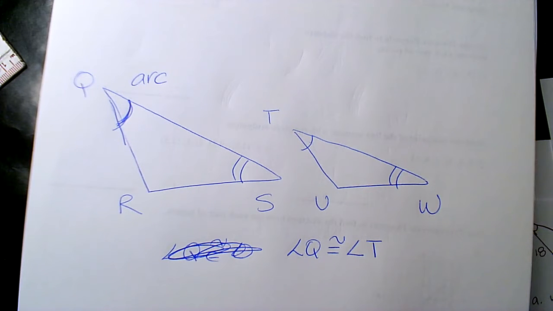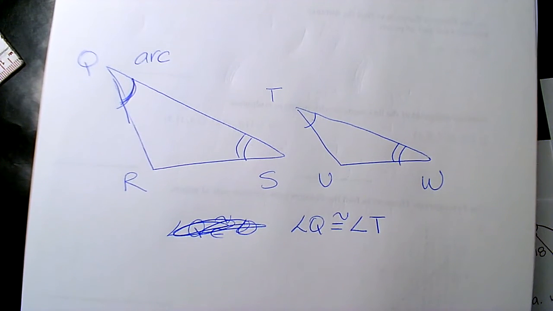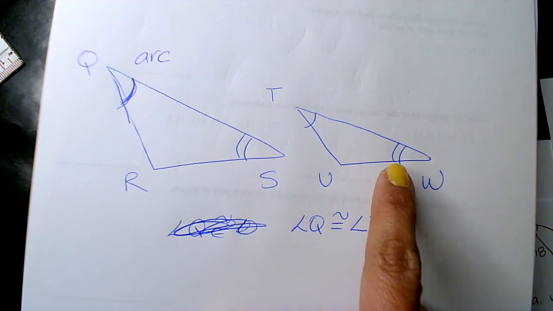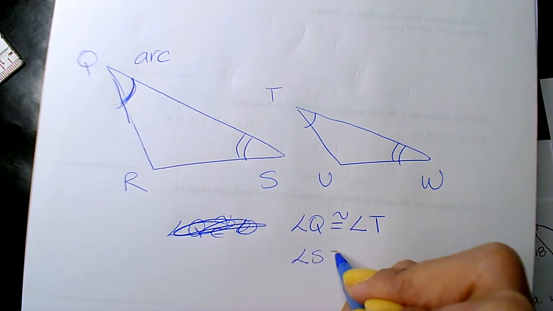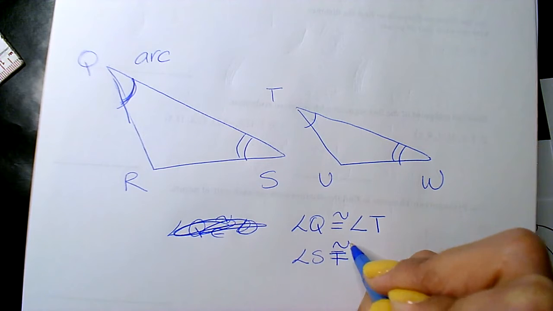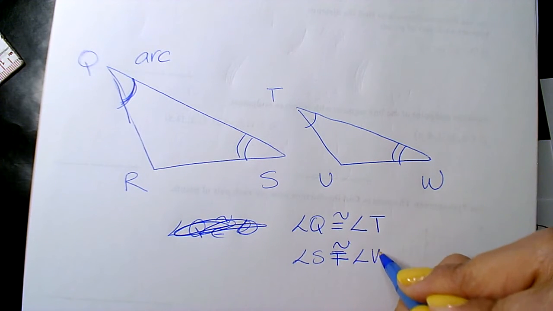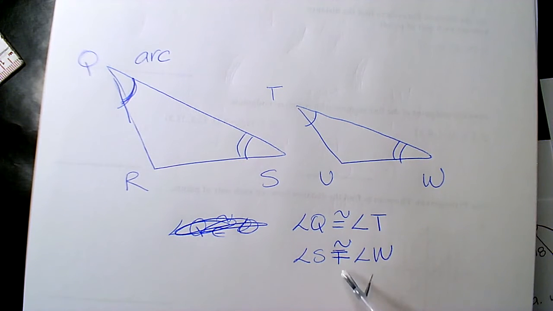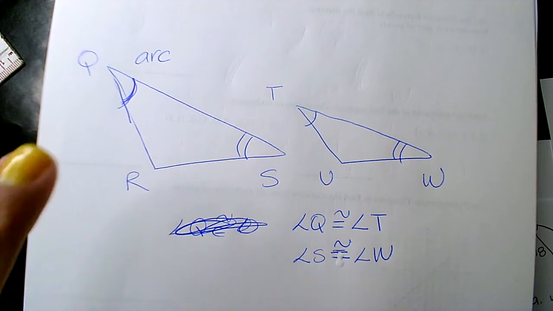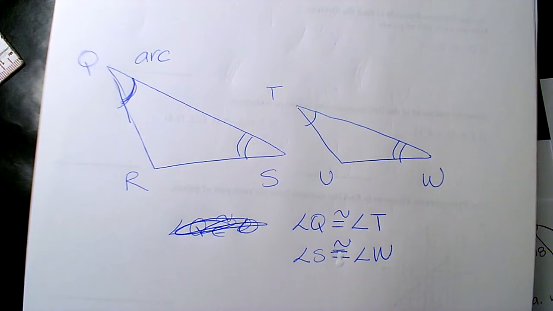As far as moving on, see how there's two arcs? Those are congruent. So angle S is congruent to angle W. And then do you guys see R and U? R has no marking, U has no marking.